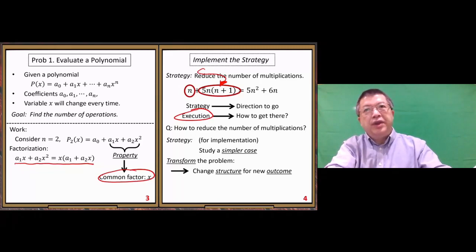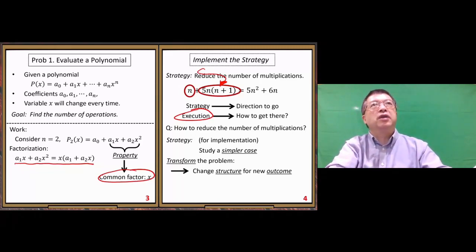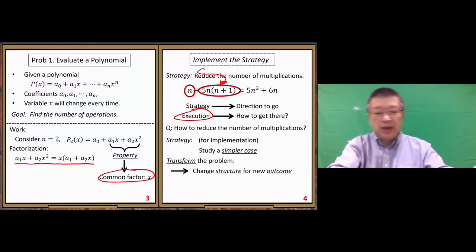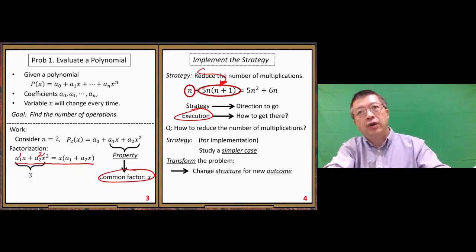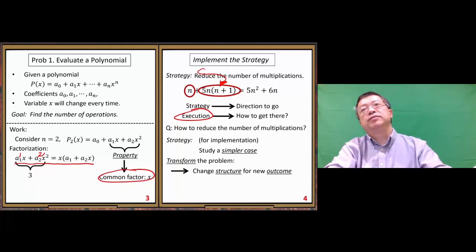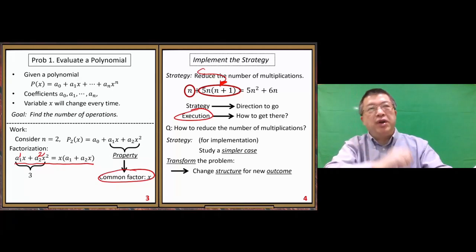Let's count the number of multiplications at the left-hand side. The first term contributes 1 multiplication. The second term contributes 2 multiplications. The total is 3 multiplications.